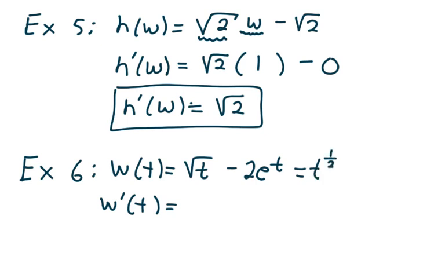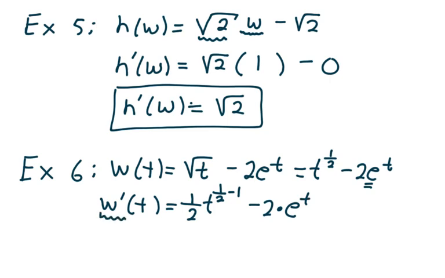You can write square root of t as t to the half, and then you subtract 2e to the t. And so I will pull the 1/2 out in front and multiply by t to the 1/2 minus 1. And then I'm going to subtract 2 times, and the derivative of e to the t is e to the t. Okay? And do you notice how I say w prime of t? You don't just want to write equals. You want to say that you're taking the derivative.